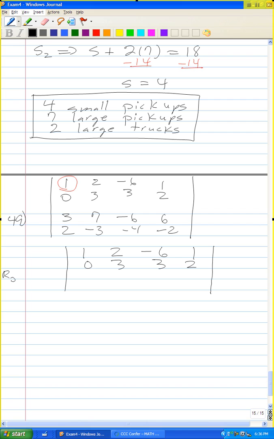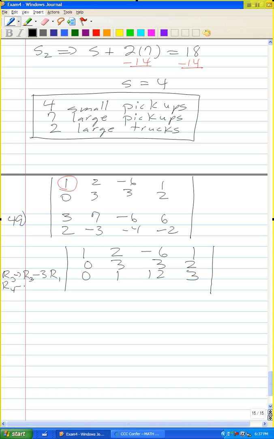So I'll take R3, subtract from it 3 times R1. 3 minus 3, 0. 7 minus 6, 1. 18 minus 6, 12. 6 minus 3, 3.